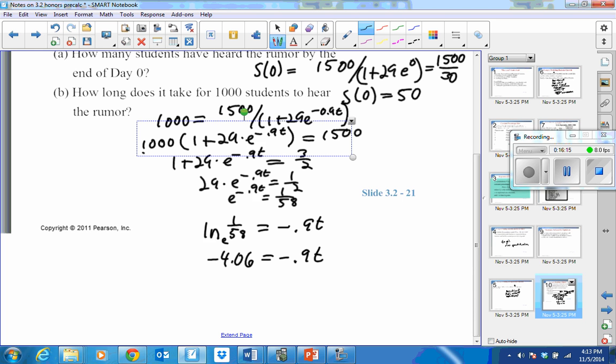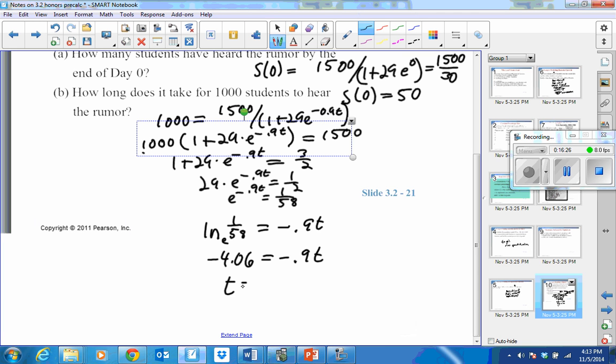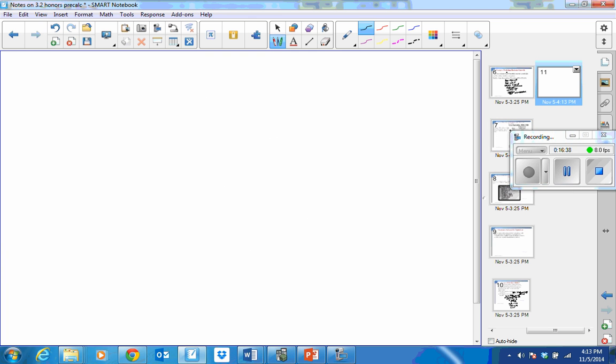And we're going to divide that by negative 0.9. And we get 4.5. So what does that mean? That means about halfway through the 5th day, halfway through the 4.5 days into it, 1,000 students have heard the rumor. And that's it for this section.